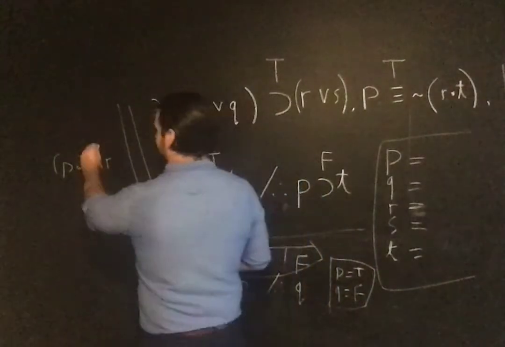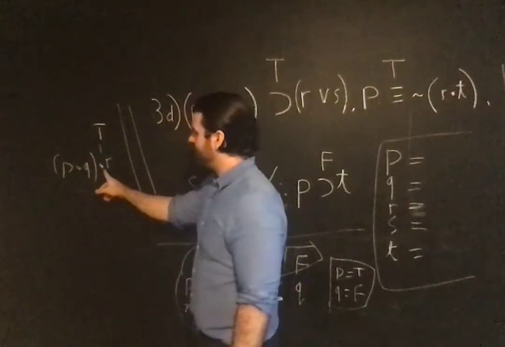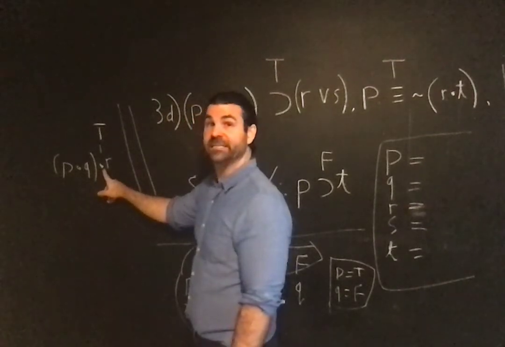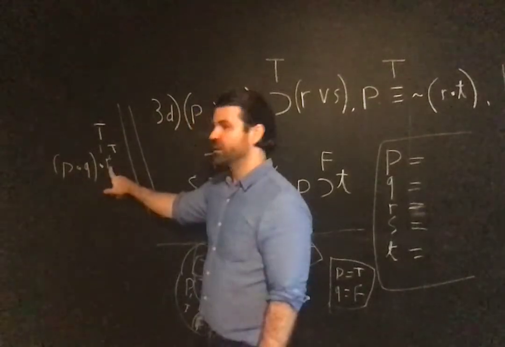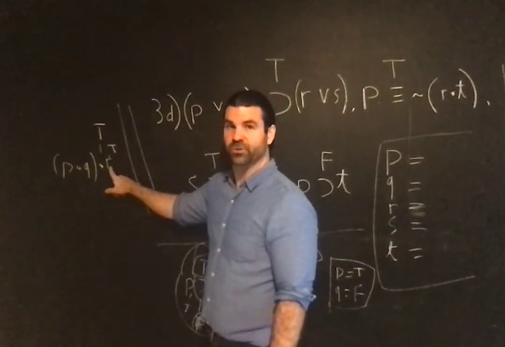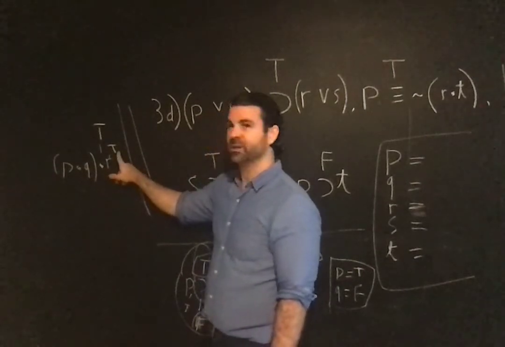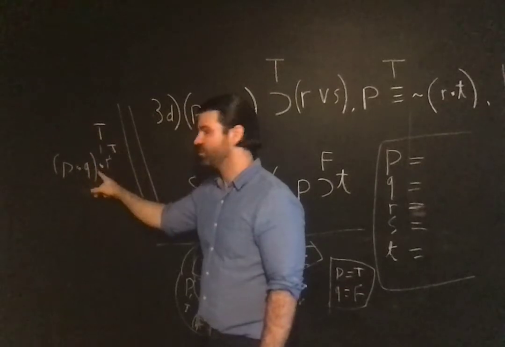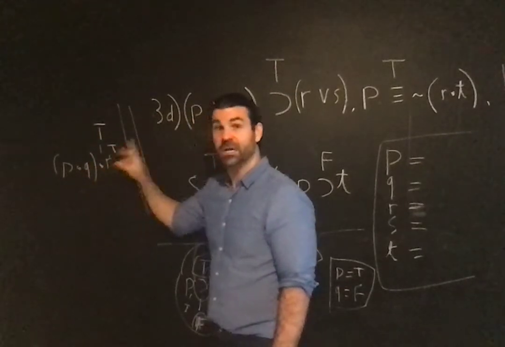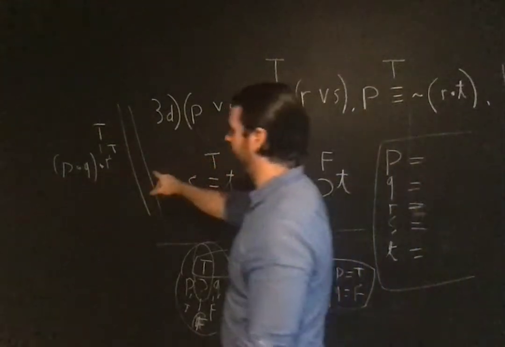I've said all premises have to be true, so that's the major operator, that's true. What does that mean? That means it is determined that R is true, because a conjunction is true only when both conjuncts are true. R has to be true. It is not possible for this formula to be true without R also being true. So I'll be able to write down right away that R is true, if that was my premise.